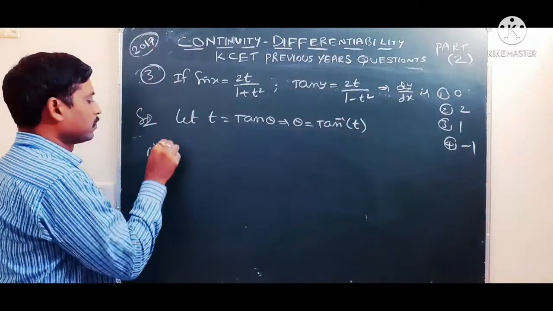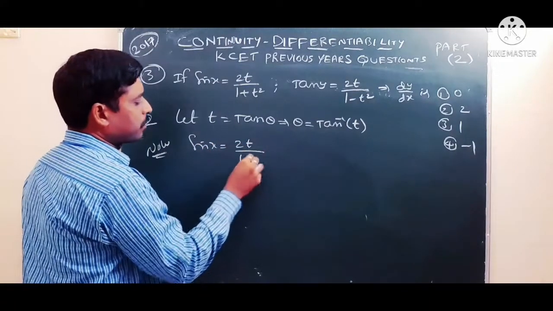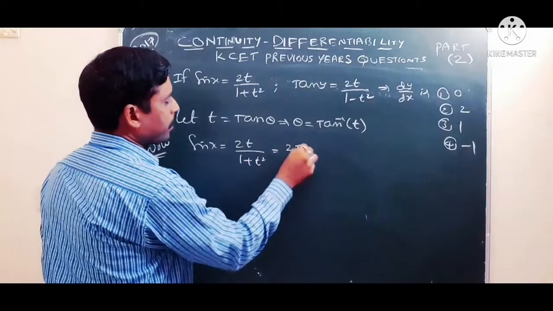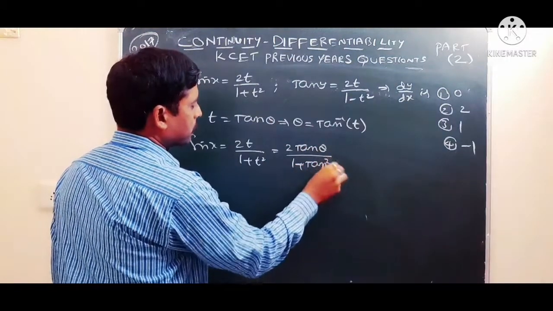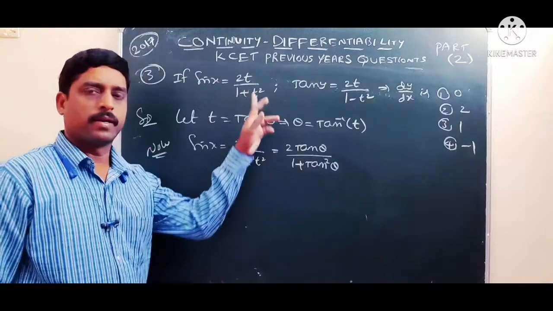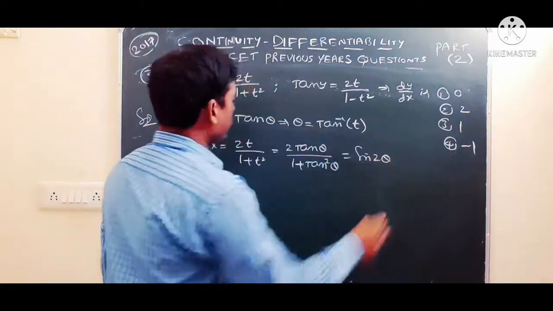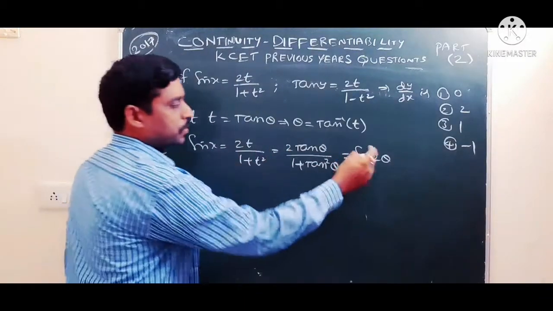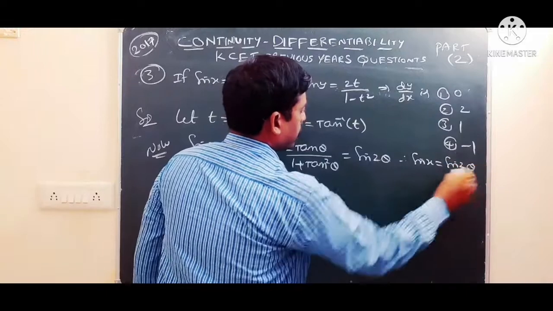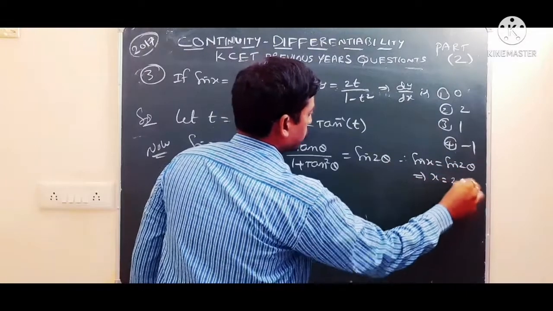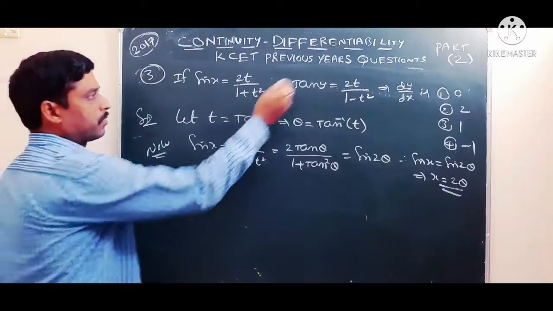Now sin x is equal to 2t by 1 plus t square. This will be 2 tan theta by 1 plus tan square theta, where we put t as tan theta. This will be sin 2 theta. So sin x is equal to sin 2 theta, therefore x is equal to 2 theta. What is the second function?